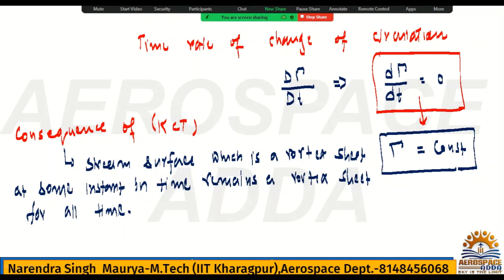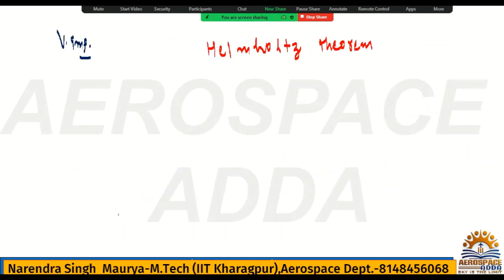Now we will go for the Helmholtz theorem. Very important actually. Here it is given as four statements.